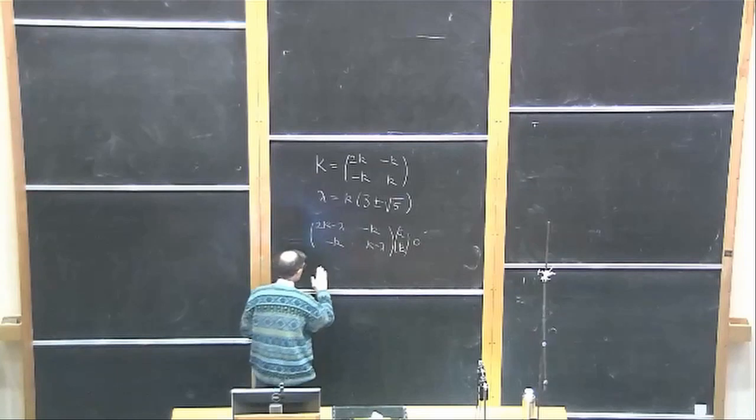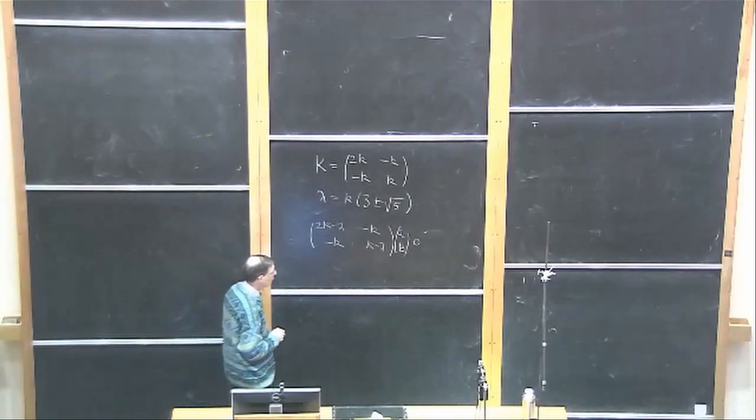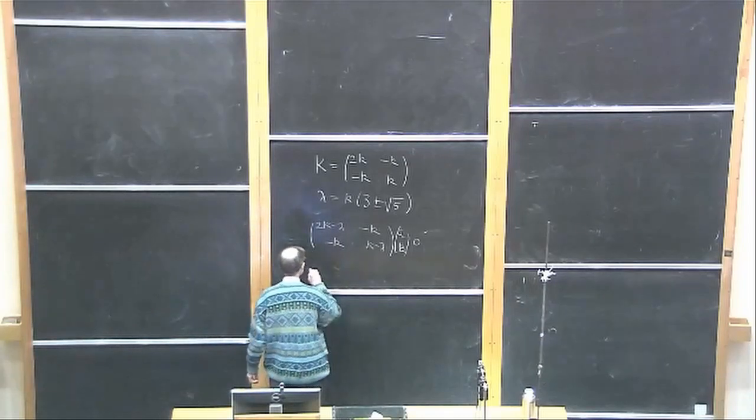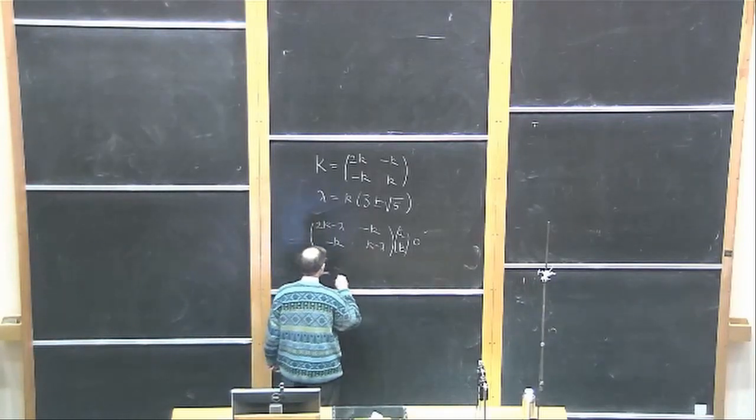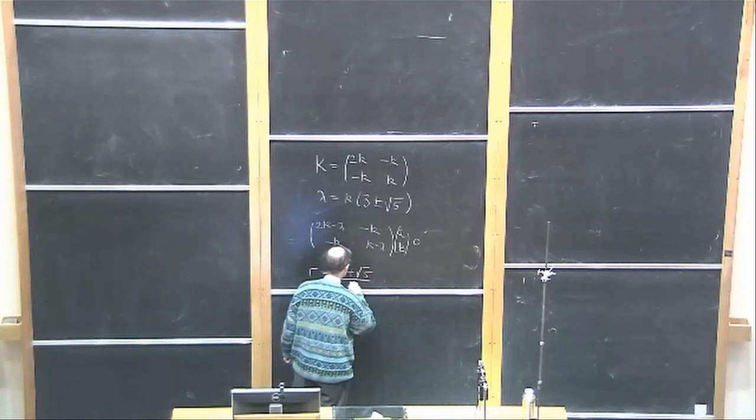Actually, I'll call the components A and B. So now this problem has the golden ratio all over it. The golden ratio, for those who don't know, is 1 plus the square root of 5 over 2.